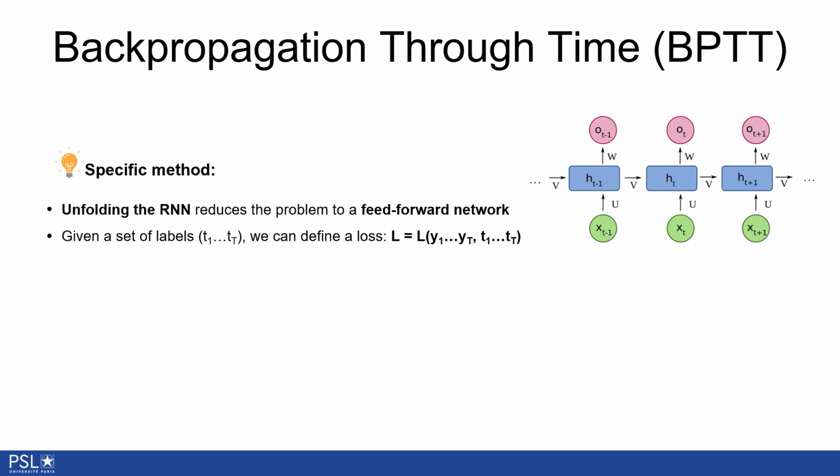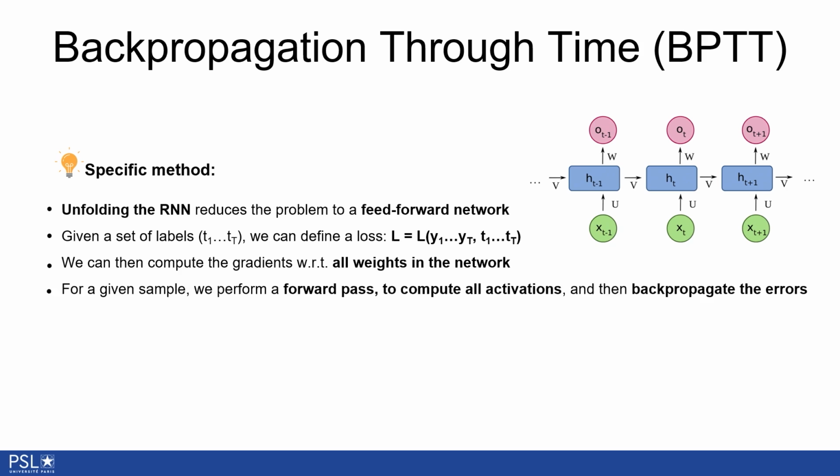A typical loss would be the cross-entropy loss. Given a loss, we can then compute gradients with respect to each and any weight in the network. We first perform a forward pass to compute all activations in the network, and then a backward pass from which we can compute all gradients in the network.